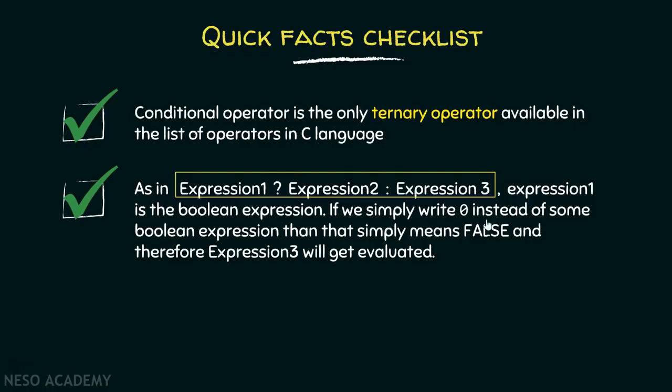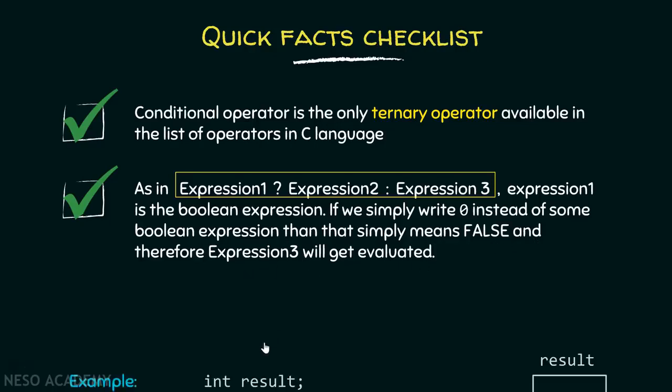If we simply write 0 instead of some Boolean expression, if we replace this expression by 0, then that simply means false. We already know that 0 means false, and any value other than 0 is treated as a true value. Therefore, if we replace expression 1 by 0, then that simply means false, and therefore expression 3 will be evaluated.